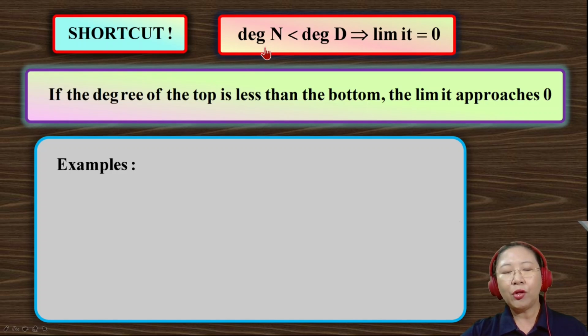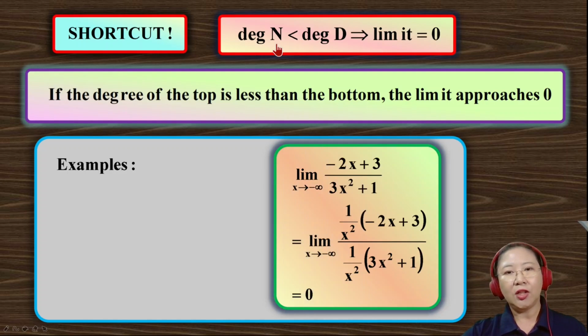So the first thing I'm going to do is check the degree of the numerator and the degree of the denominator. If you see that the degree of the numerator is smaller than the degree of the denominator, the conventional way is you use the limit technique: you check for the highest power of the denominator and multiply it to all the elements in the question.